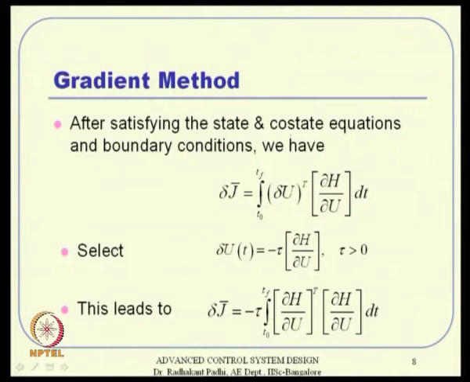Now let us propose that we select del u as the negative of del s by del u, with some learning factor tau which is greater than 0.